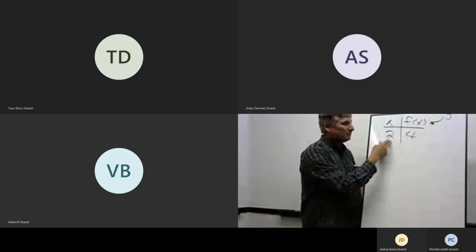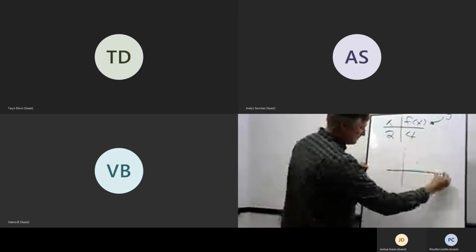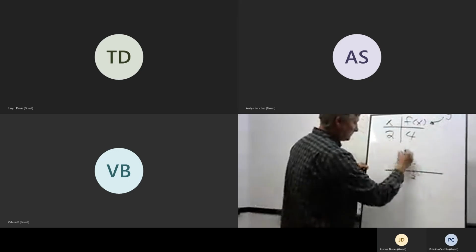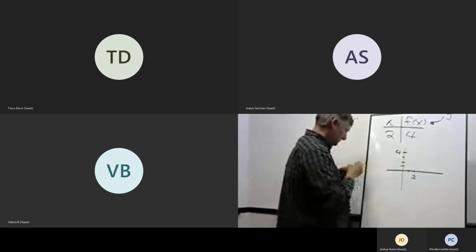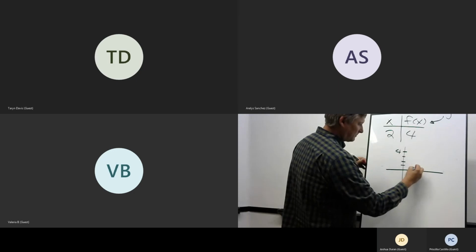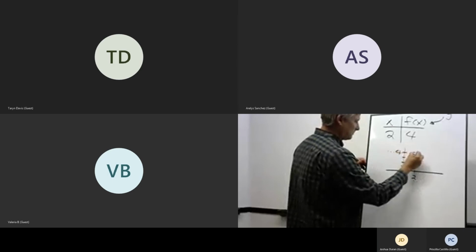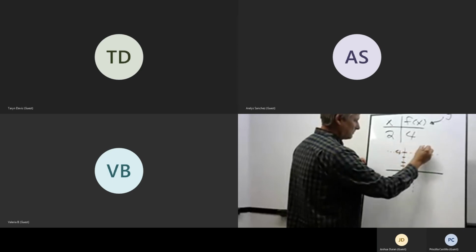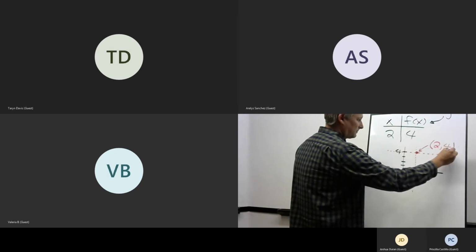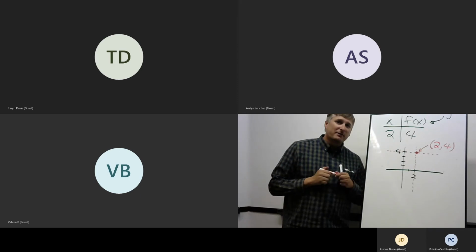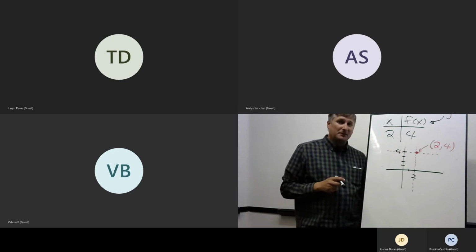We have a vertical line at 2, horizontal line at 4. And that's how we would graph this one point for this one function. So questions about that?